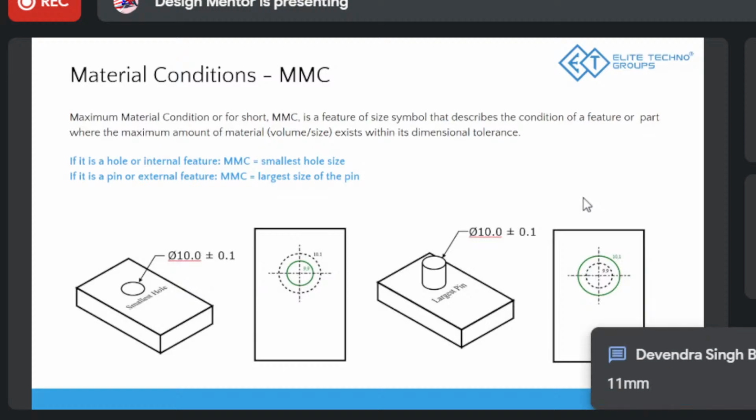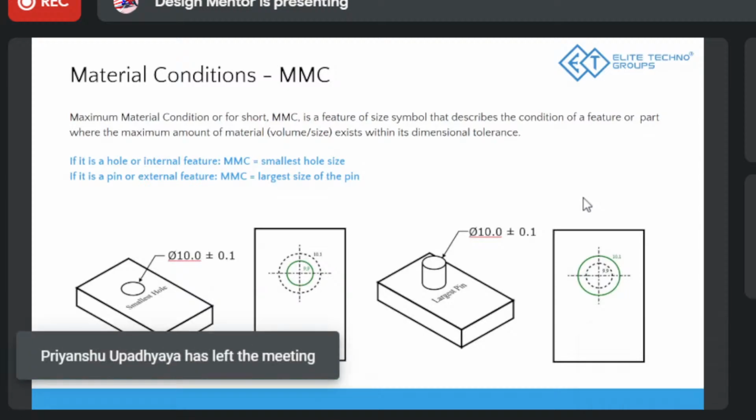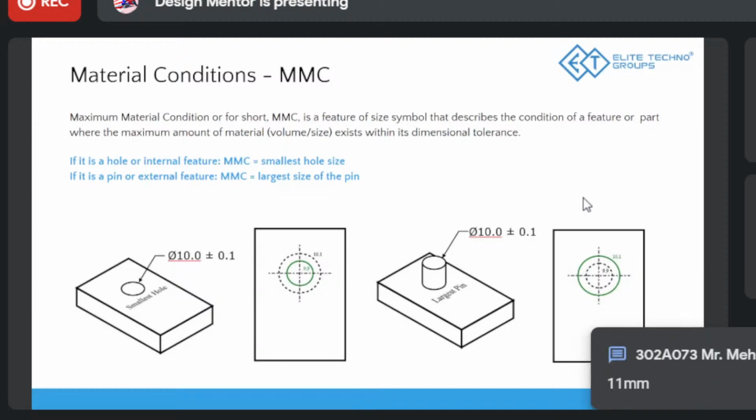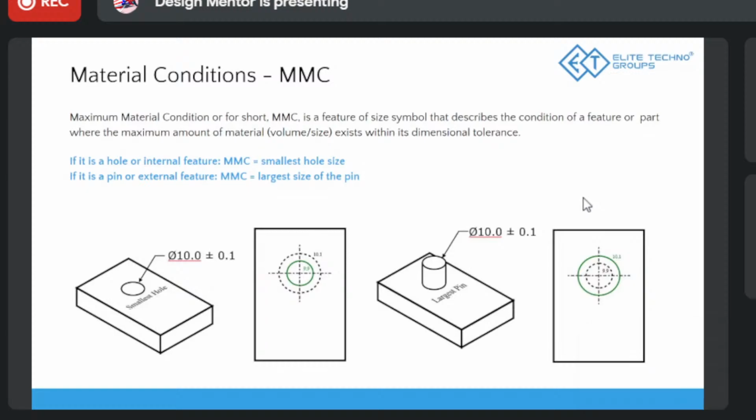So what about a hole? What is the maximum material condition for a hole of the same size? 9. Right. So you can see it's using the same word, but for internal and external features, it differs a lot. It's exactly opposite, right?